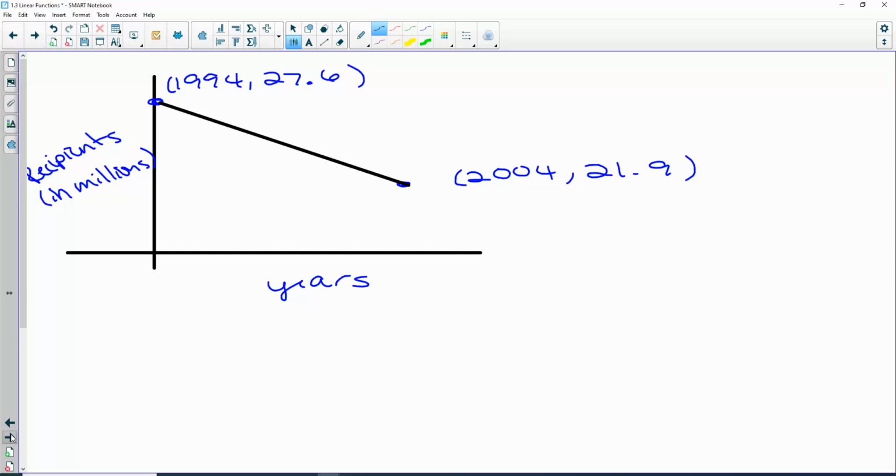So find your average rate of change with a label for me.